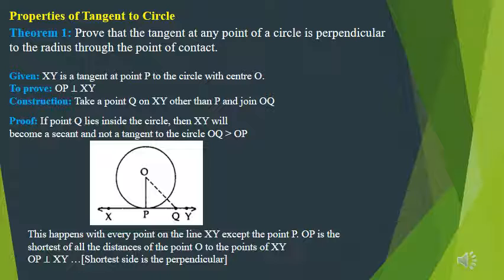So here we can observe that OP is perpendicular to XY. This is the shortest side, it's the perpendicular. So our statement is proved. We can say the tangent at any point of a circle is always perpendicular to the radius of the circle through the point of contact.